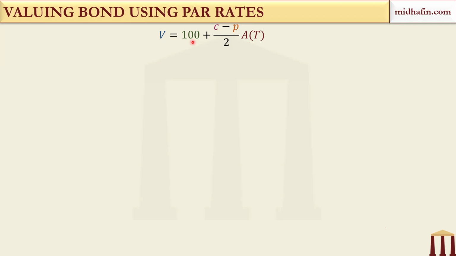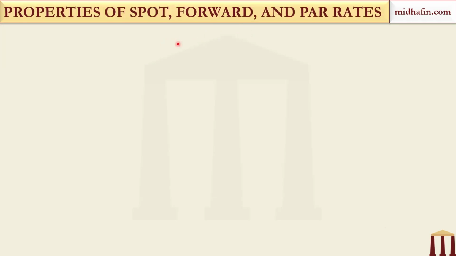Now let's move towards the next part, and let's understand the properties of spot, forward and par rates. So first is, if the term structure is flat, then all the rates are actually equal. Spot rate, forward rate, par rate, even the yield, everything is the same.